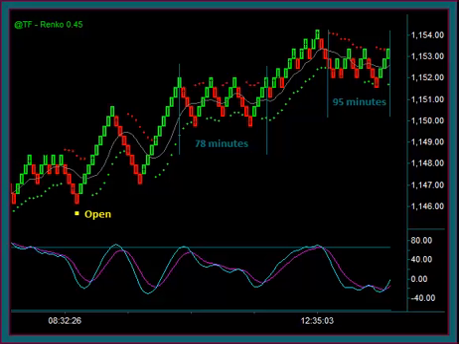Obviously not much in terms of a nice profitable move, but it's not consolidation. And then what happens? You get this envelope reverse, and again you go no place for like 95 minutes.